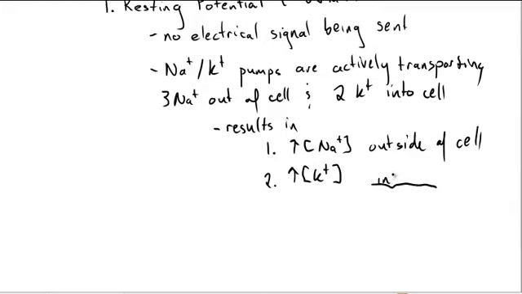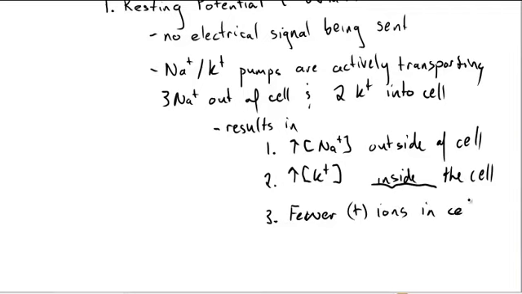That's right, inside the cell. And 3, fewer positive ions in the cell, which equals our negative membrane potential, or PD.